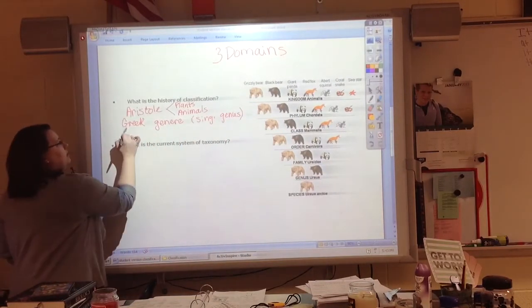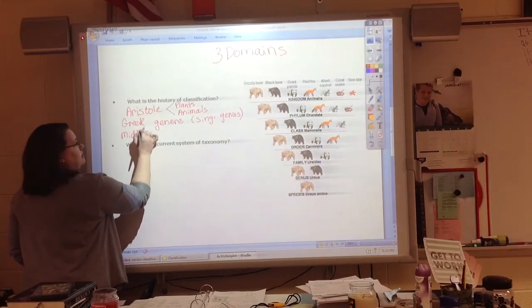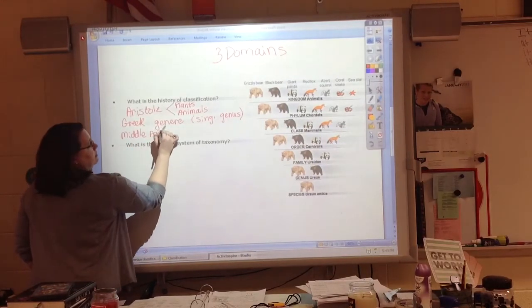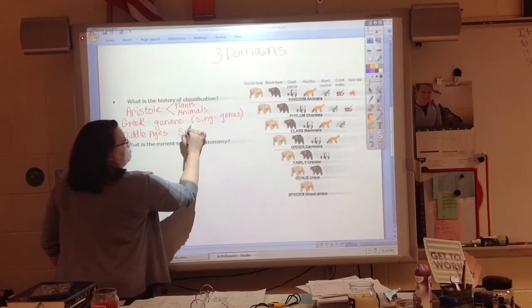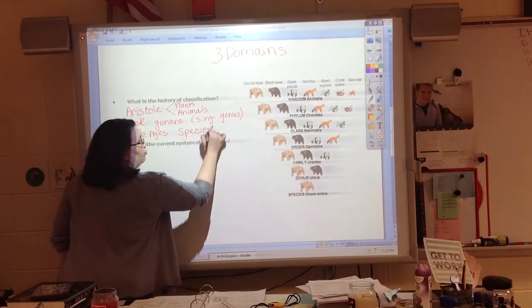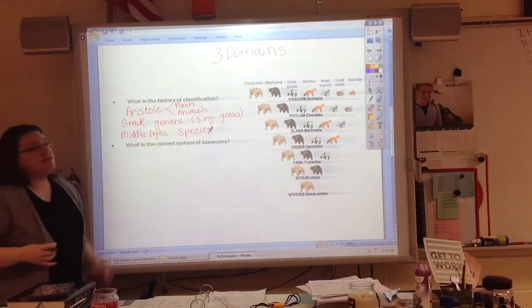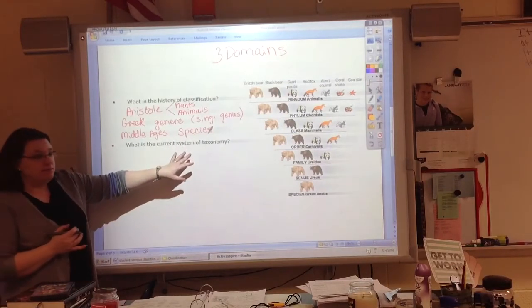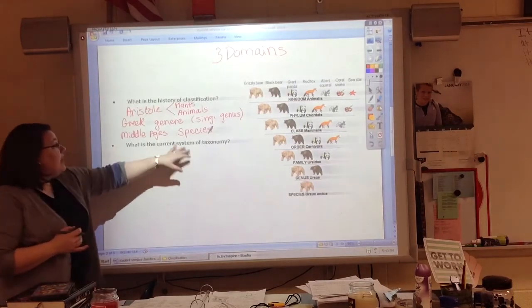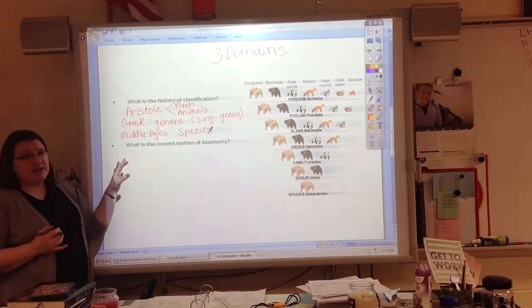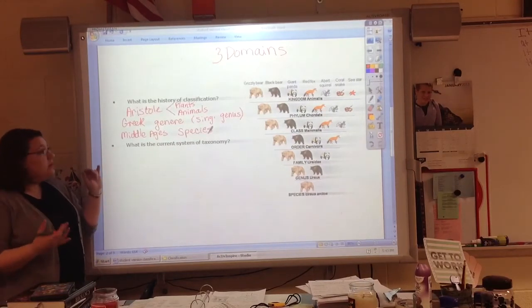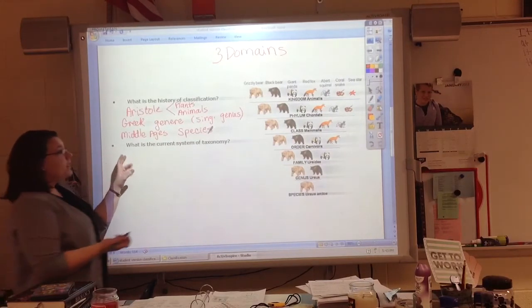And then about the Middle Ages, we started to see even more grouping within the genera, and we found species. So that leads us up to our current system of taxonomy, or classification.